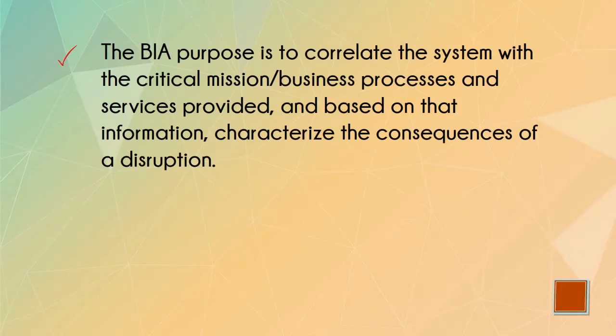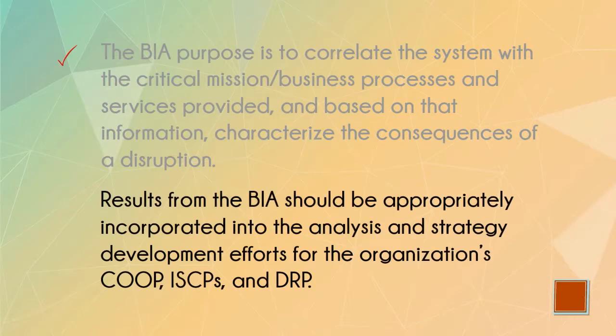The BIA purpose is to correlate the system with the critical mission business processes and services provided, and based on that information, characterize the consequences of a disruption. Results from the BIA should be appropriately incorporated into the analysis and strategy development efforts for the organization's COOP, ISCPs, and DRP.